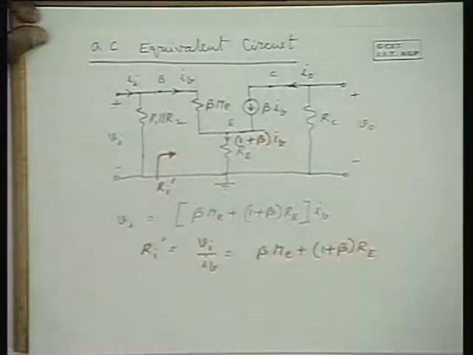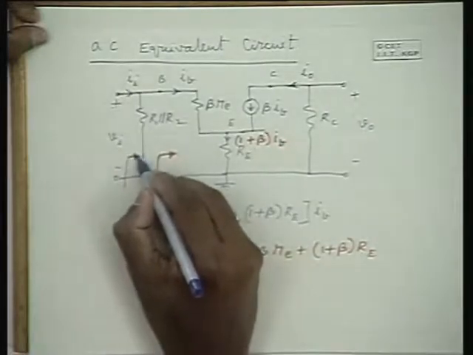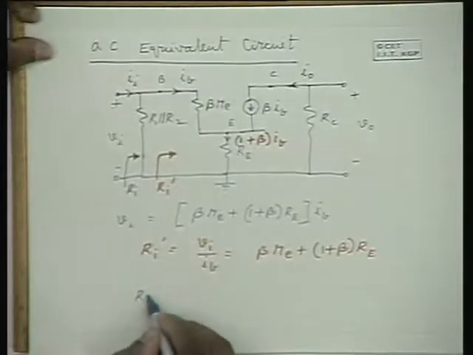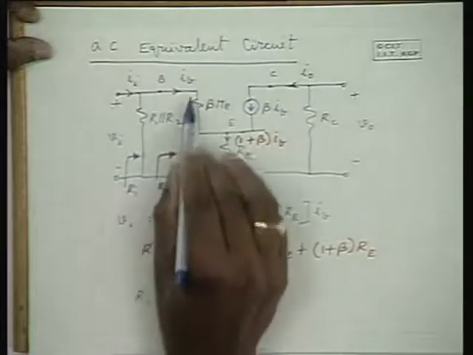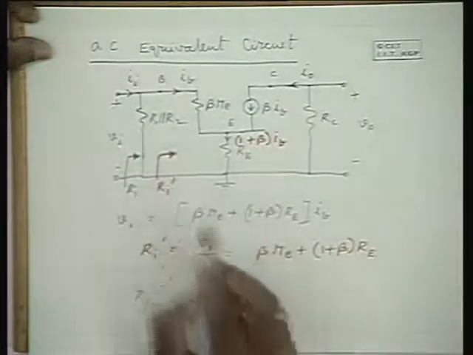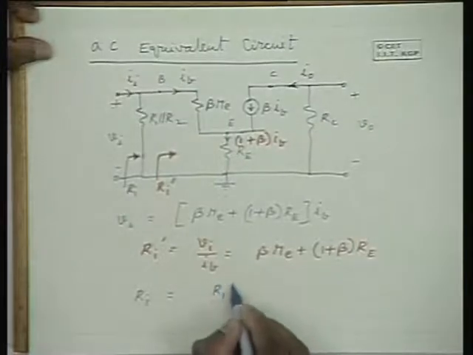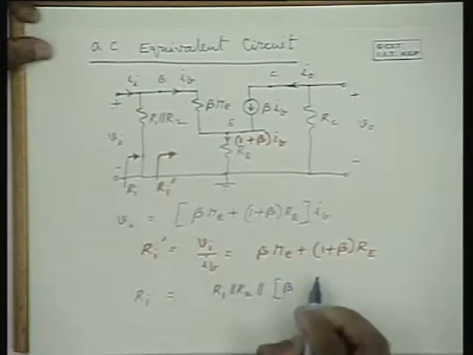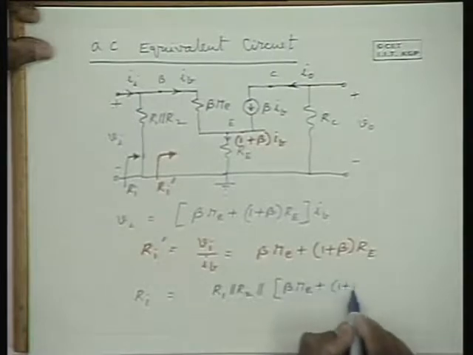Now the input impedance of the total amplifier, that is Ri, can be obtained as the parallel combination of the impedance over here and R1 in parallel with R2. Therefore, the input impedance is R1 in parallel with R2 in parallel with Ri dash, that is beta Re plus 1 plus beta into Re.